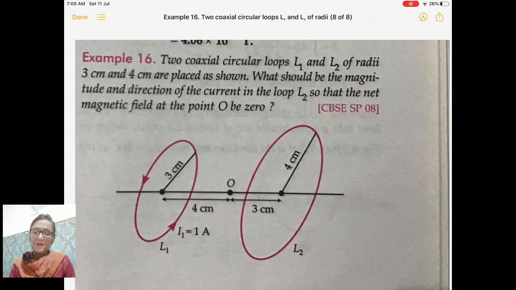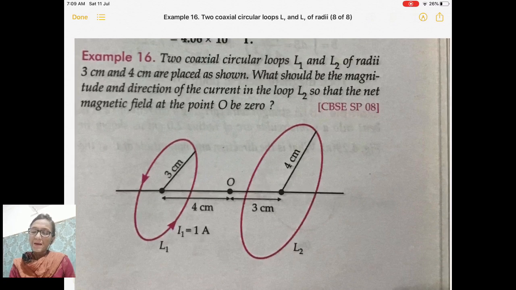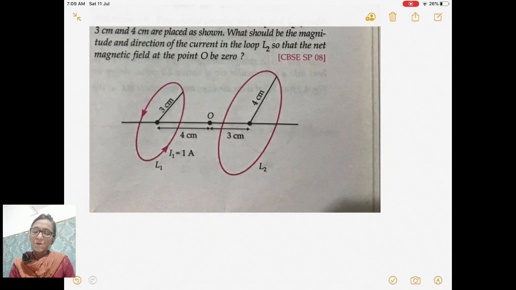What should be the magnitude and direction of current in loop 2?